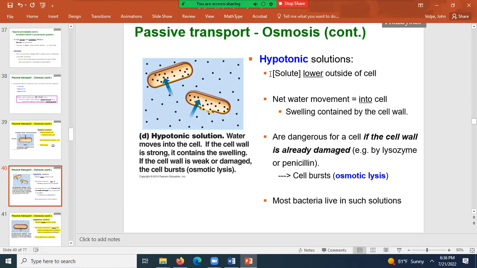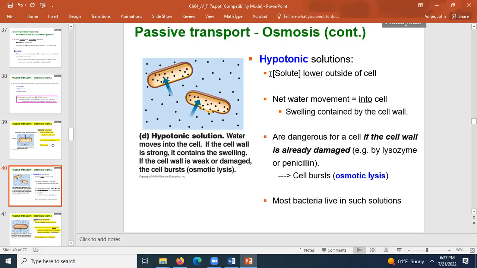For animal cells, if you ever put red blood cells in a beaker of water, the water will continue moving into the cell and the plasma membrane will continue to expand up until the plasma membrane bursts. And then the cytoplasm will leak out of the cell, causing the cell to die.